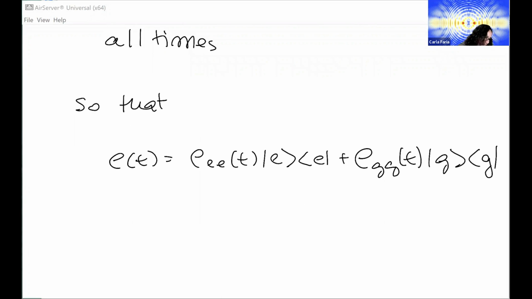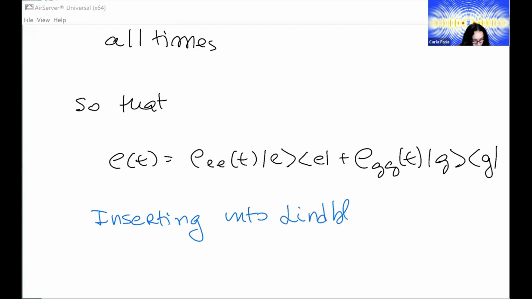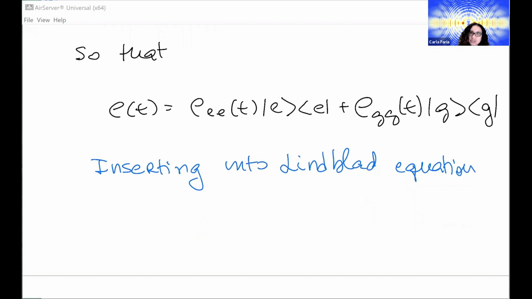So let me state that, because after all, we want to compute the evolution. But before that, we want to do the following. We want to see how L and H effective are going to act onto the ground and excited state.